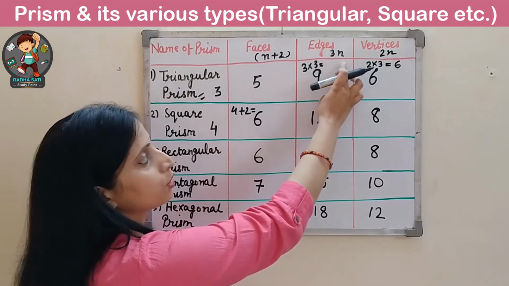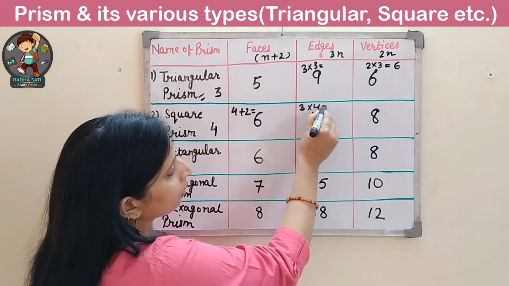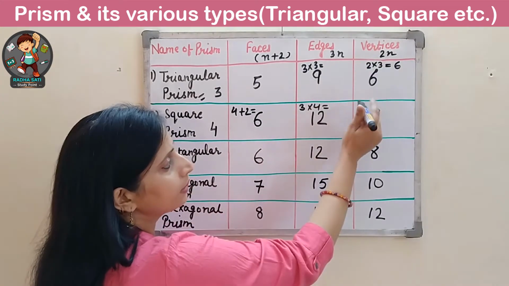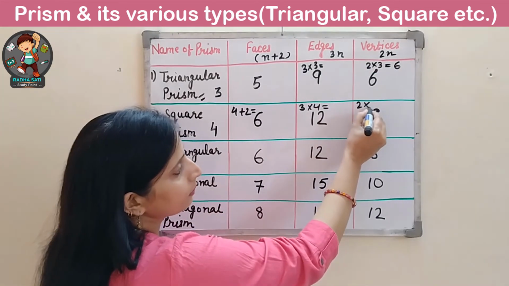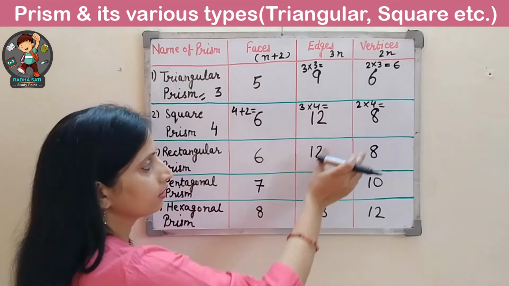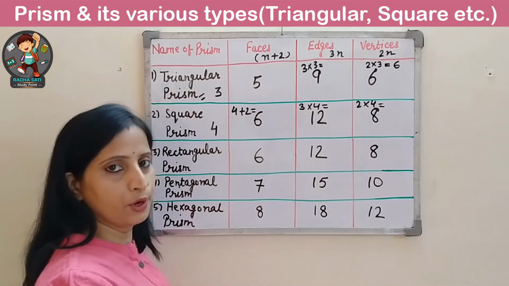Edges are 3 times the number of sides. So 3 multiplied by 4, we are getting 12. And vertices are 2 times the number of sides. So 2 multiplied by 4, 2 fours are 8. Okay, so similarly you can find out in other prisms also.